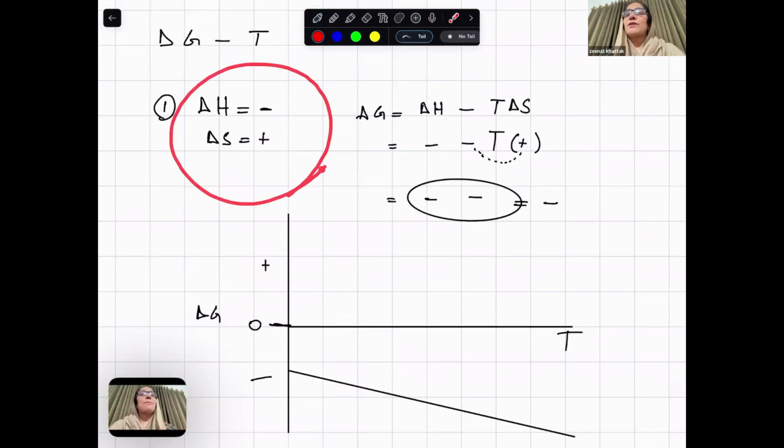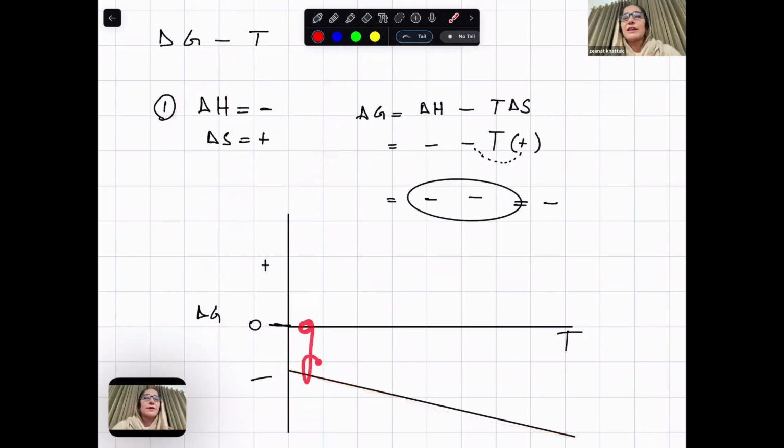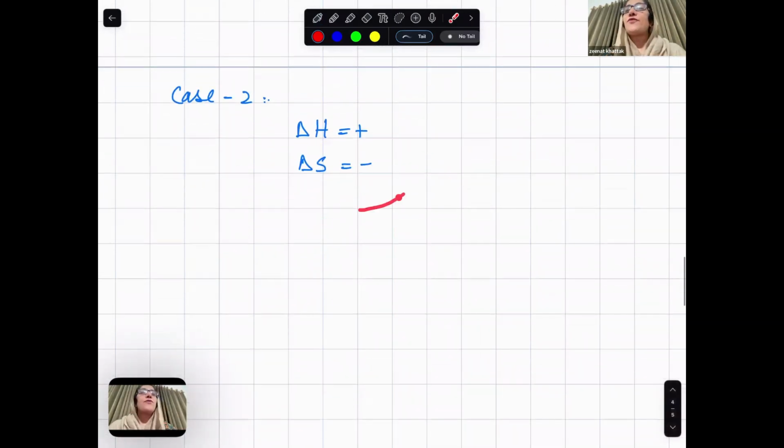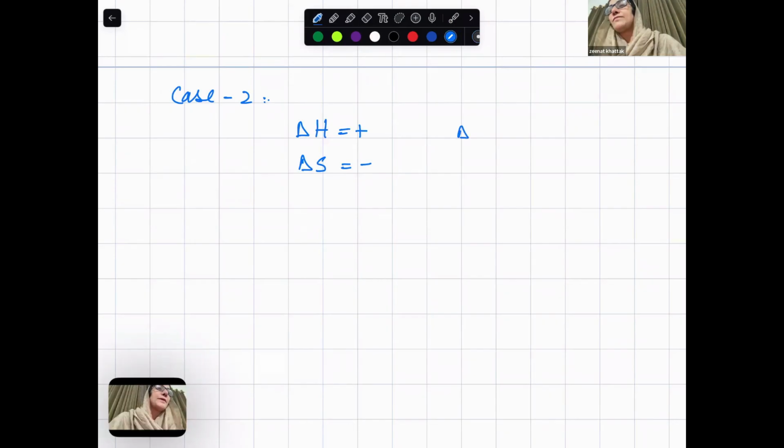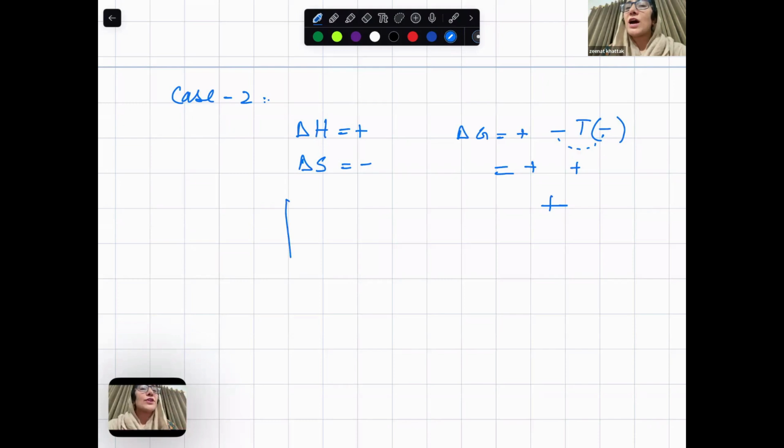If it is this case, never possible. Why? Delta G is equal to delta H minus T delta S. Minus into minus is plus, so it is always positive.